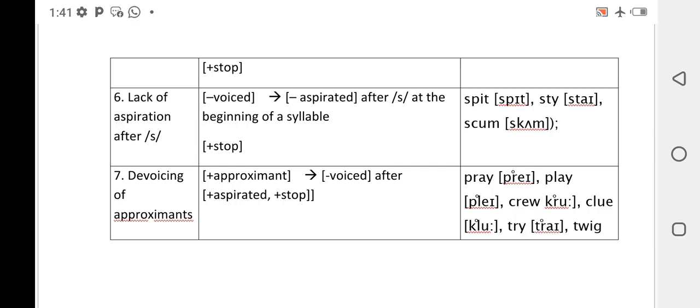And so we have devoicing of approximants. Let me explain something about calling this approximant.